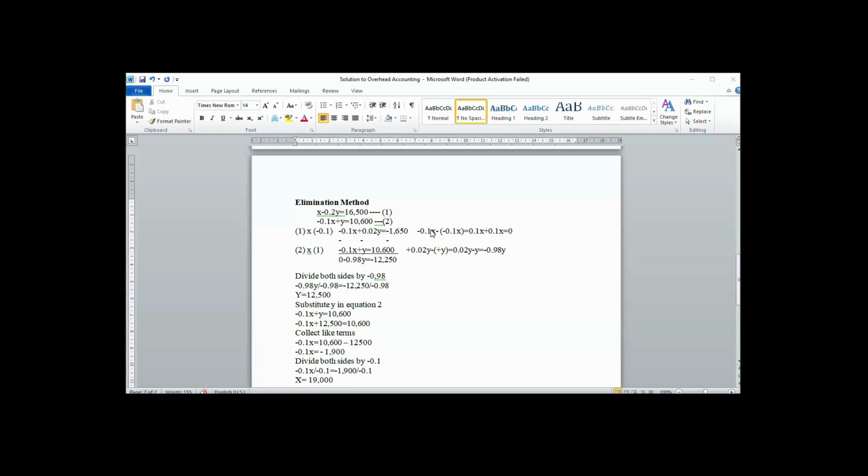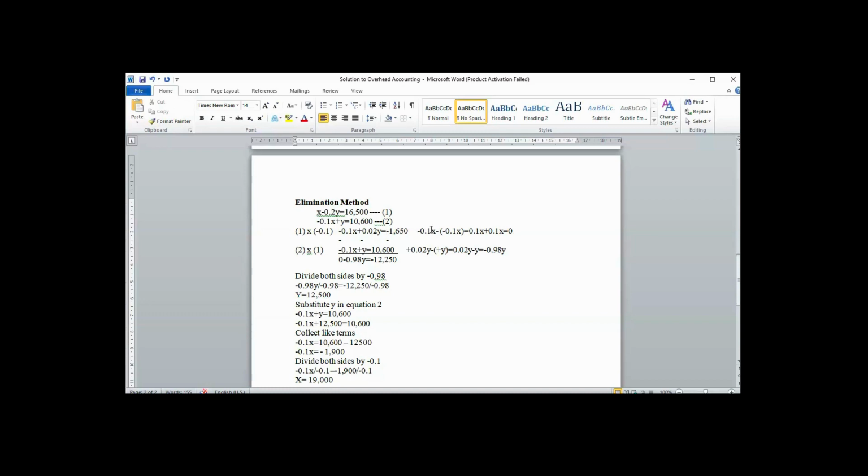Because it's the elimination method, we're trying to eliminate that x. So if we use the negative sign to multiply it, it will be minus bracket minus 0.1x. So when you multiply the minus sign with the second equation's minus 0.1x, you get 0.